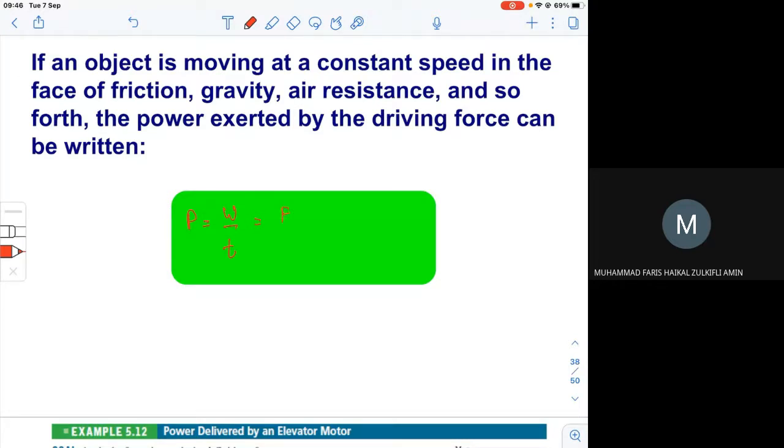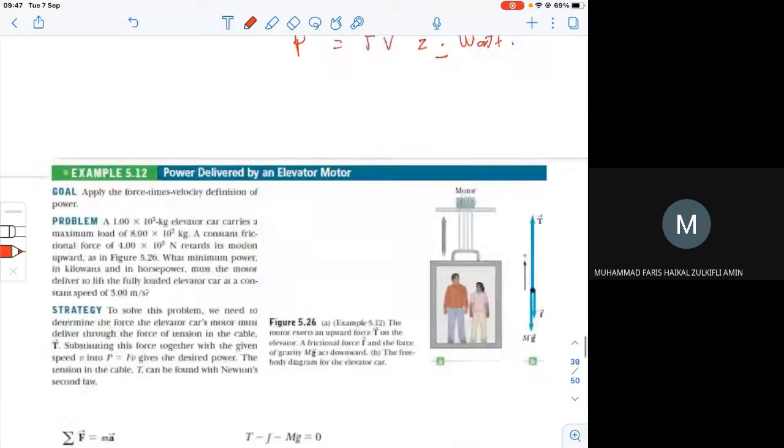So Fd over time. So in this case, we take d over t. Remember what is the displacement over time? Is also equivalent to v. The power can be written down in terms of force times velocity, force multiplied with the velocity. So we can also get watts.